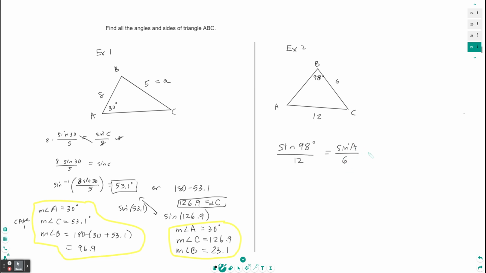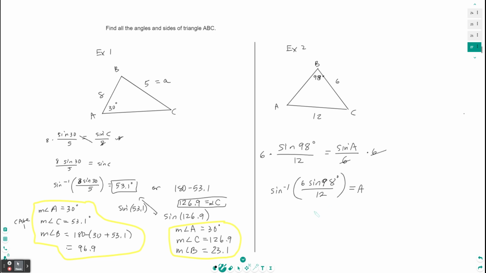Again, we're going to multiply both sides by 6, and so we get 6 sine 98 over 12. And then we're going to again take the sine inverse. You can look back here if you wanted to know why we did all these steps. Okay, let's type that into the calculator and see what we get.